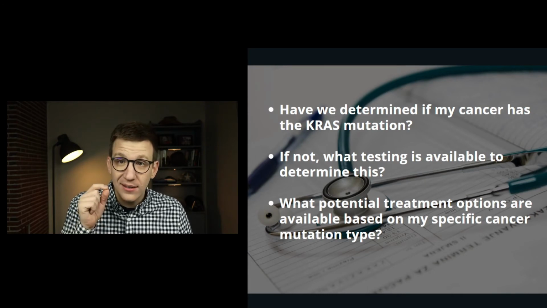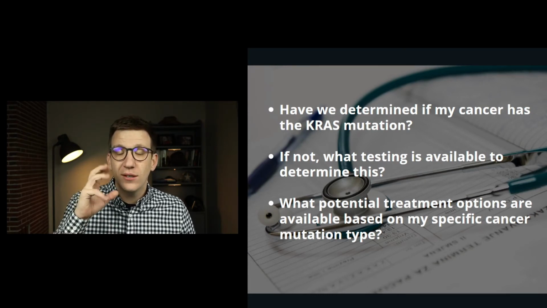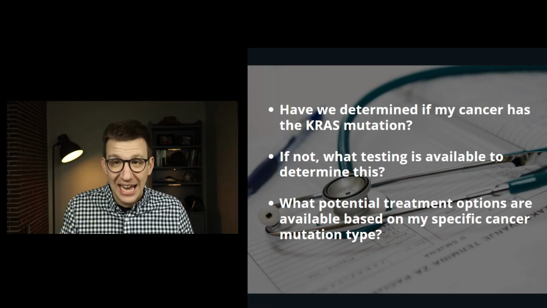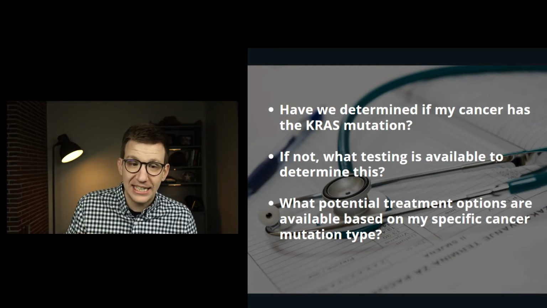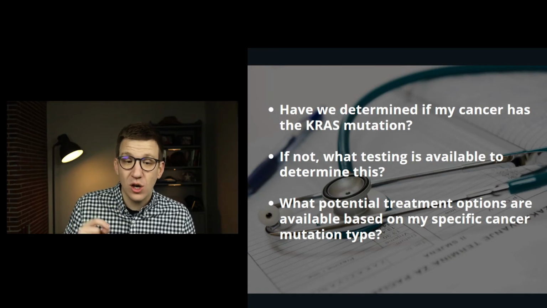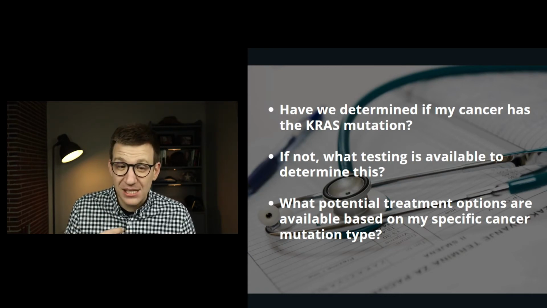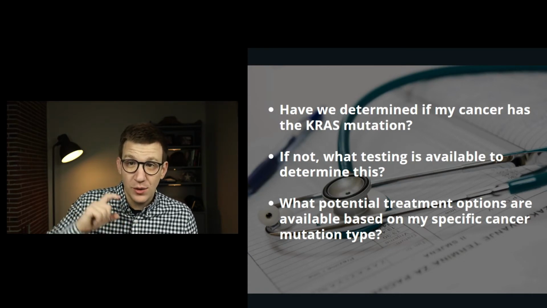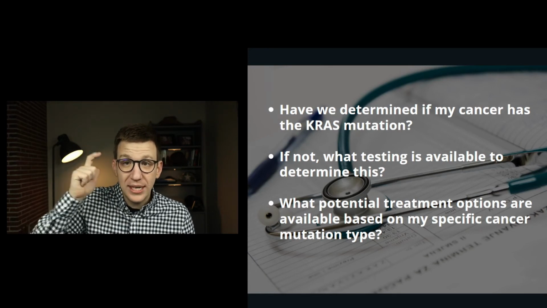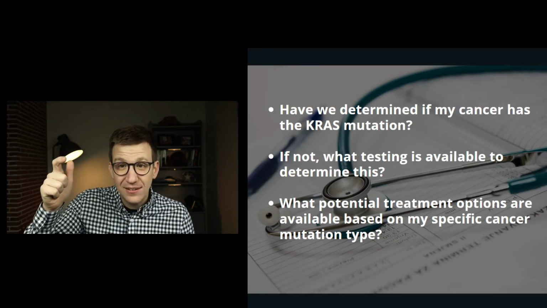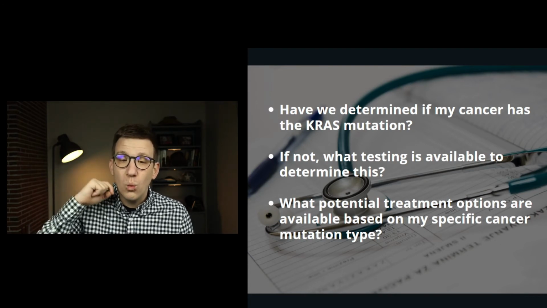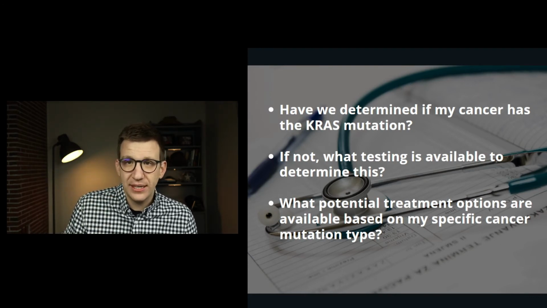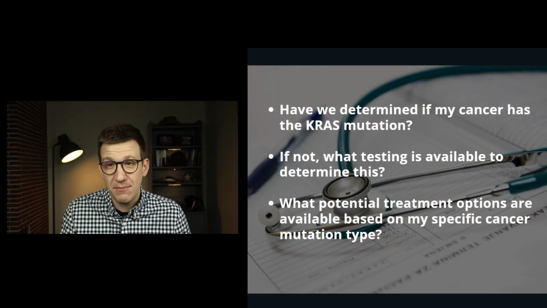What options do we have for treatment? And then finally, what potential treatment options are available based on my specific cancer mutation type? If we've understood what our cancer is at a mutation level, at a genetic level, molecular level, then what specific treatment options are available that can target that type?